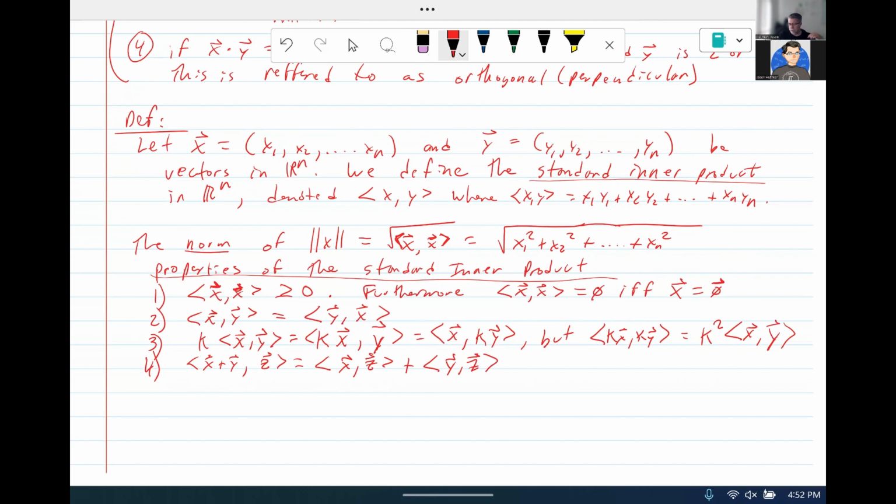So it's kind of like the inner product's variation of the distributive property, but it's kind of weird.